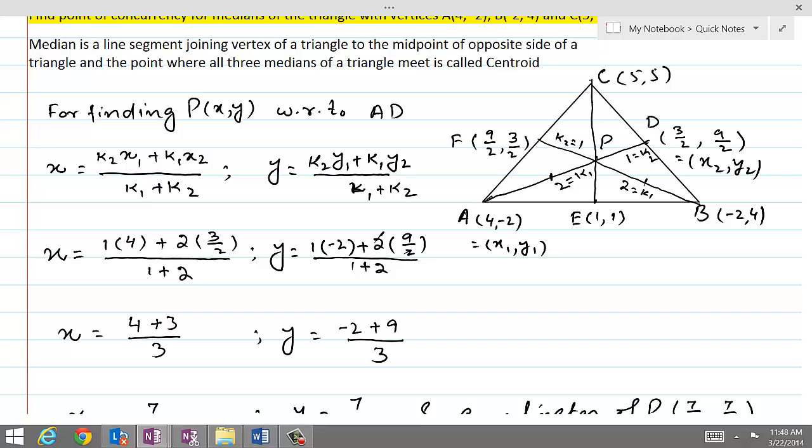And if we were to find out P with respect to the third median CE and take C as starting point, the coordinates of P will be again same.